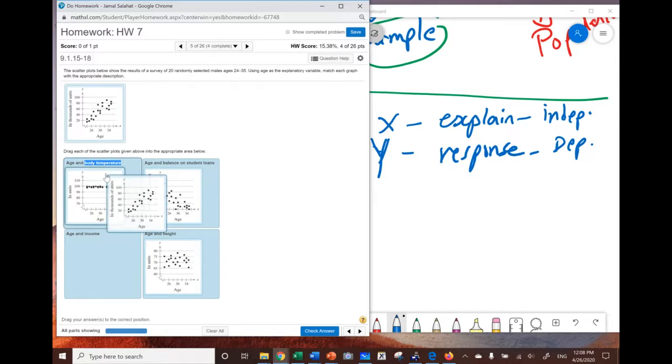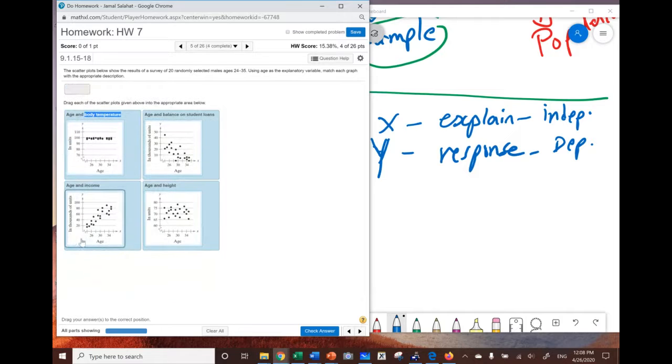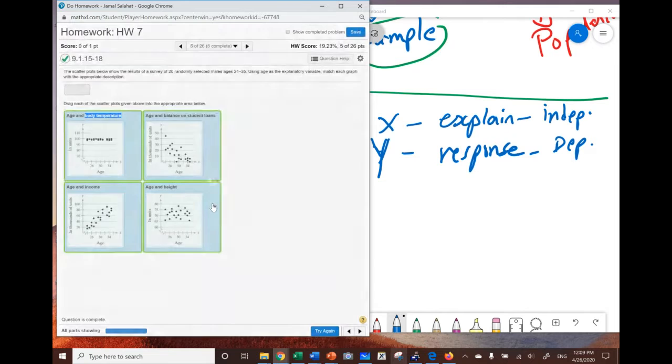Income can be between under 20,000 to close to 95,000, something like that. So this is just my guess on those two. They are close, but it makes sense to go from 0 to 45 for a student loan, and it makes sense to go from 18 to under 100 for income. So let me check, and it's a correct answer.